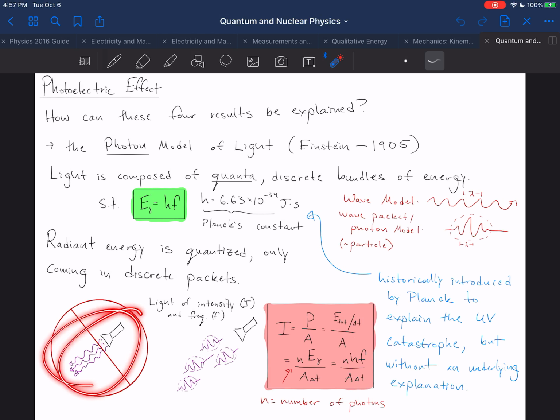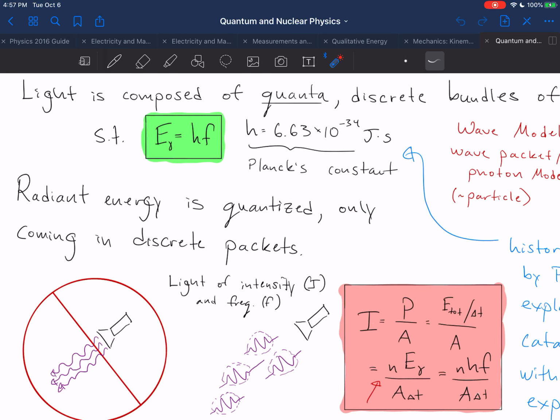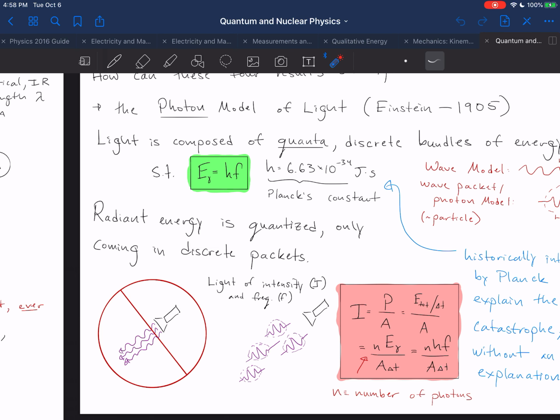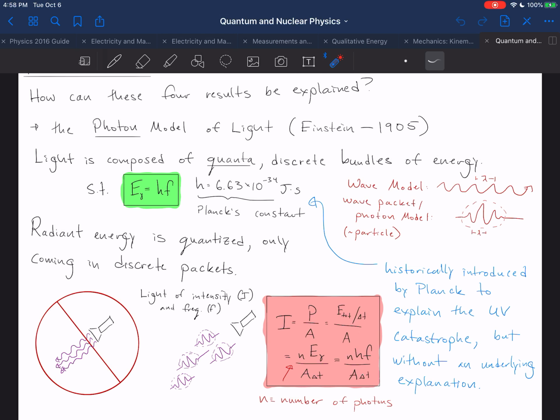That is, this isn't a good representation of the light coming from our source. These individual waves are not a good representation of that light. Instead, the things coming from the source are these individual discretized photons. So individual photons are traveling from the source to the photosurface in this experiment.